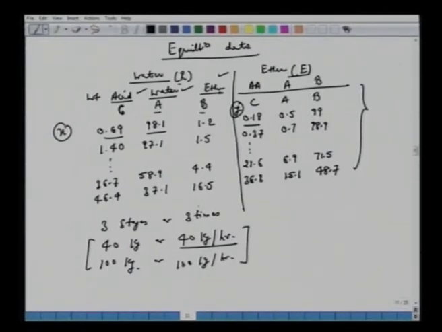You must understand that we don't require the data beyond this, because feed composition is 30%, so solute concentration increases to 37.7%, so maximum is 37.7 here. We can take this data here, and we also realize since y is smaller than x, so if we choose only these data here, we should be able to solve the problem.